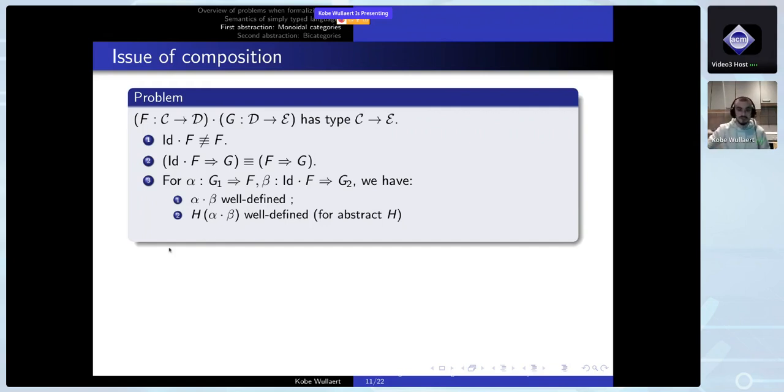Also, if you have a functor h which acts on functor categories, then this is also well defined. However, if you apply this functor h to both alpha and beta, and then compose their outputs, it is no longer well defined. It doesn't type check anymore.